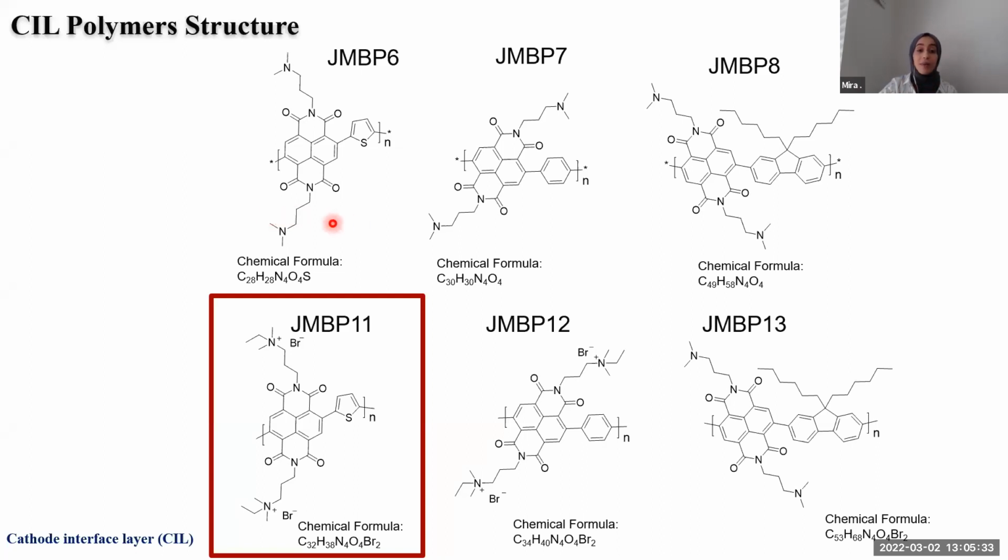He synthesized these materials, and we studied how they work with the active layer, to see the energy levels, the extraction of electrons and the blocking of holes between those materials and the active layer.